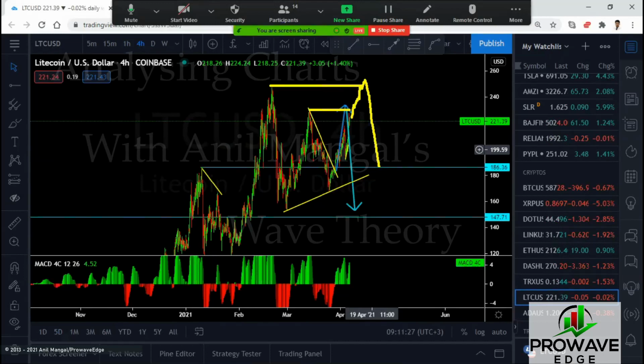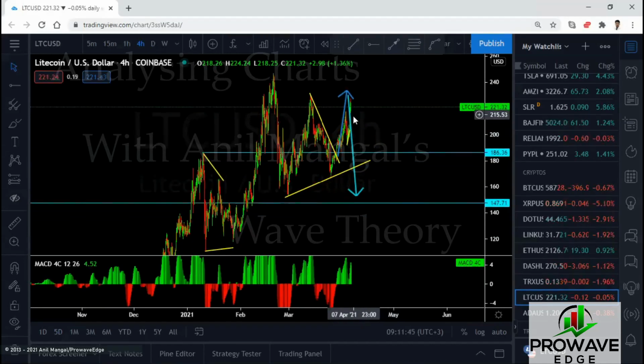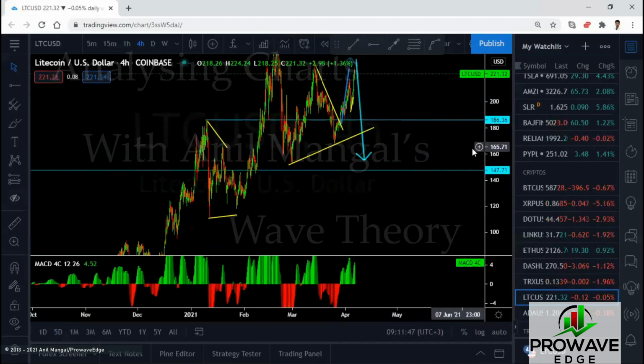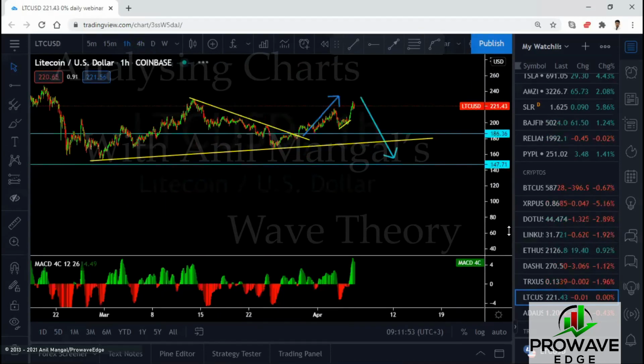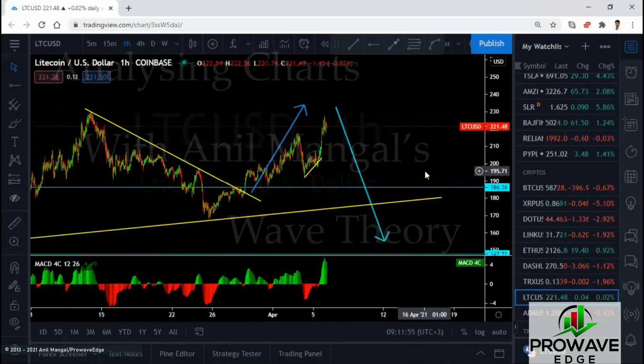But then this one is also possible because you have a 1, 2, 3 in here in that sharp move. So chances are this would come back here and then go. So if it breaks the top, it would be a running flat. If they don't break the top, we're looking for a simple regular flat and then go. Let's see if we get it. Right now in the shorter term, they all look one more down before they go up, right?